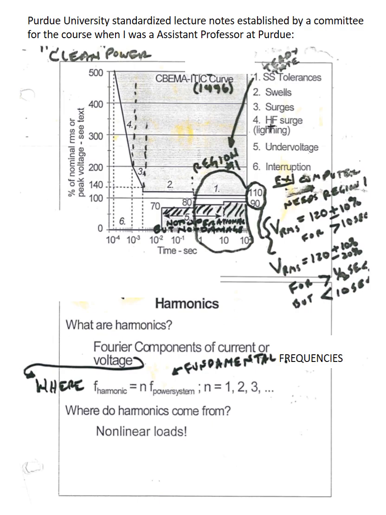And then lastly, before we go to that next slide and look at the details of this ITIC curve, we talk about harmonics. So Fourier series components, waves, wave interference.